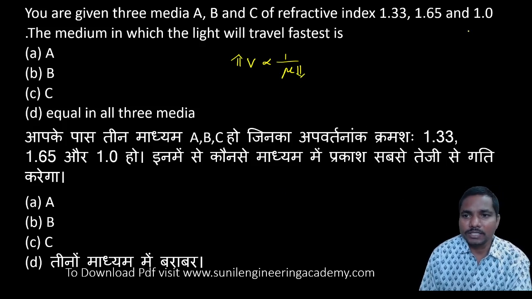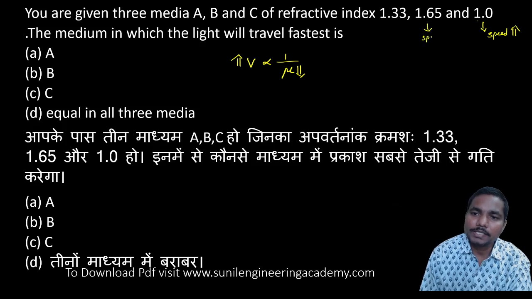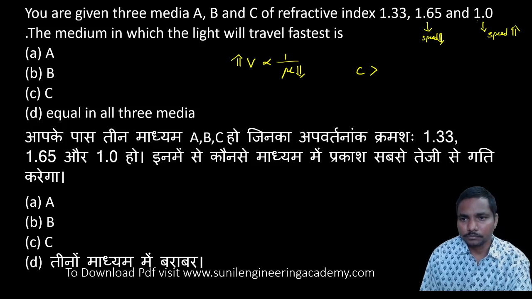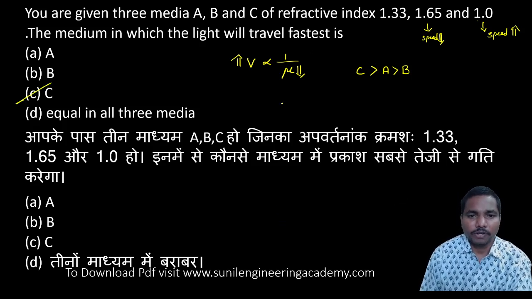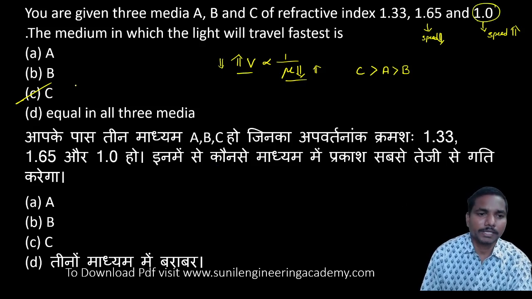So 1.65 speed is less. 1 for C having more speed, and after that 1.33 A, after that 1.65 B. So light will travel fastest in C. If refractive index is more, lower the speed. If refractive index is less, higher the speed.